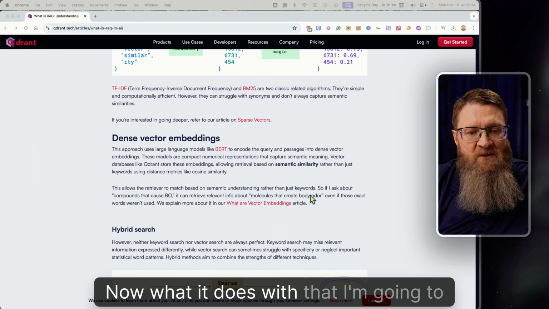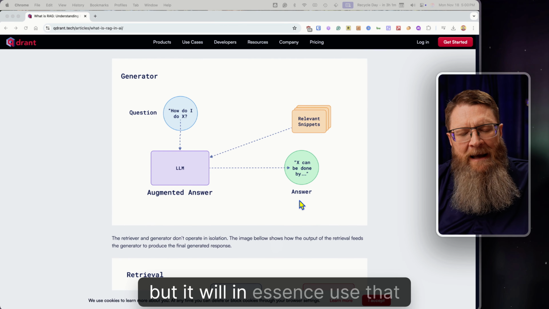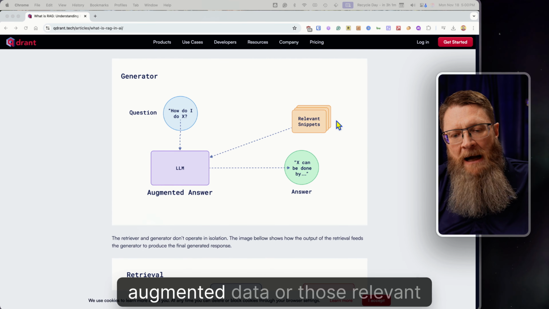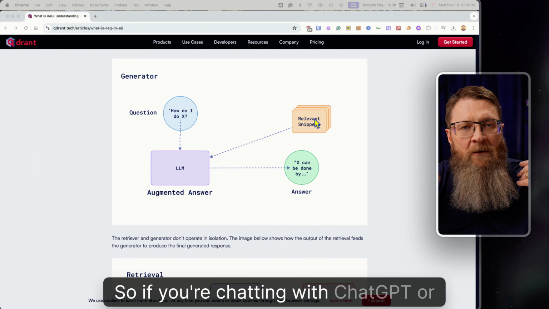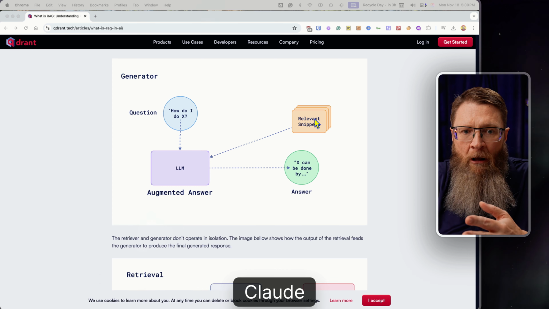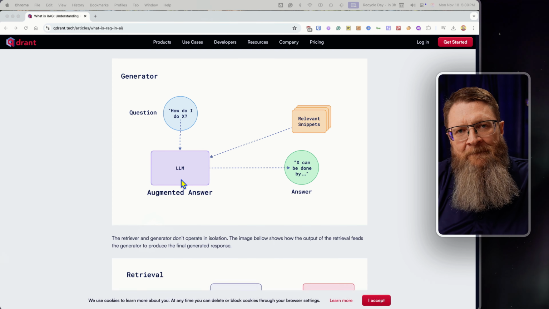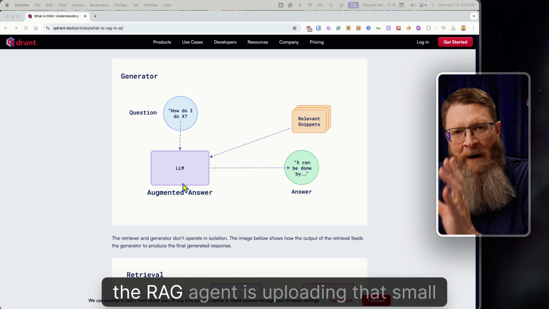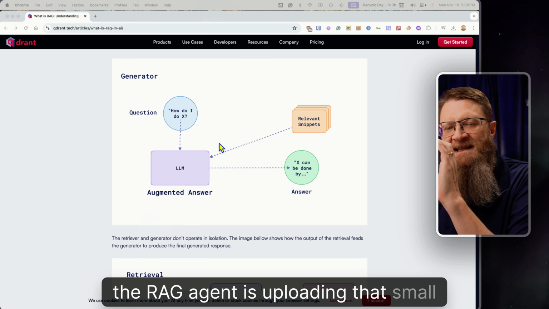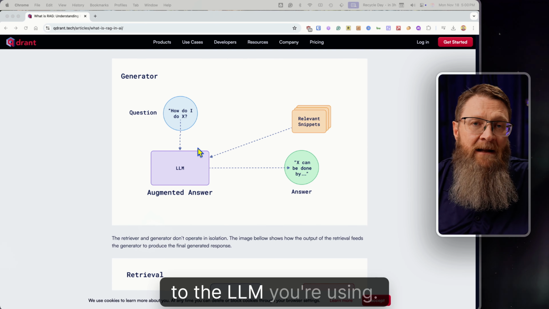Now, what it does with that, I'm going to skip over the tokenizer part, but it will, in essence, use that augmented data or those relevant snippets. So if you're chatting with ChatGPT or Claude, before your answer goes to Claude, instead of uploading that full PDF document, the RAG agent is uploading that small snippet and then submitting your answer to the LLM you're using.